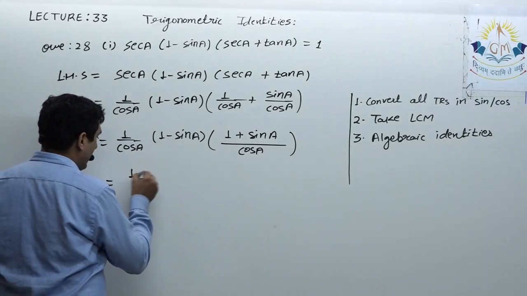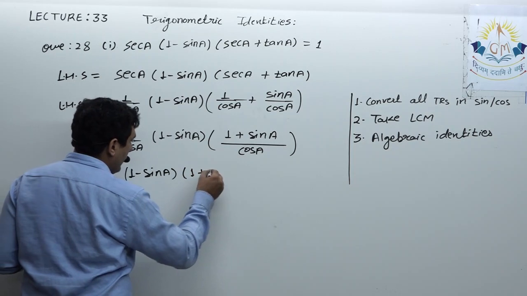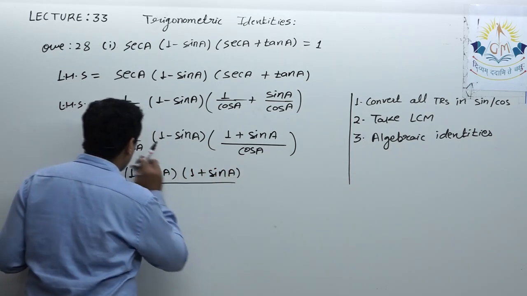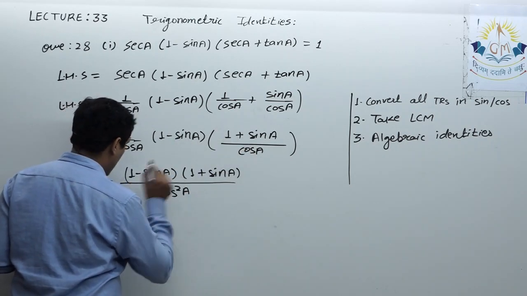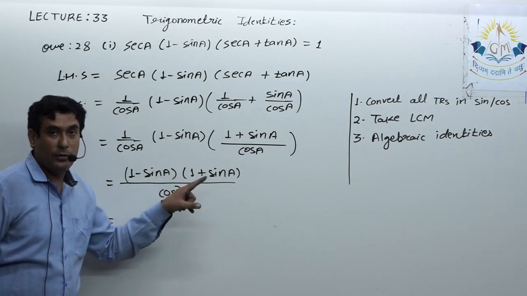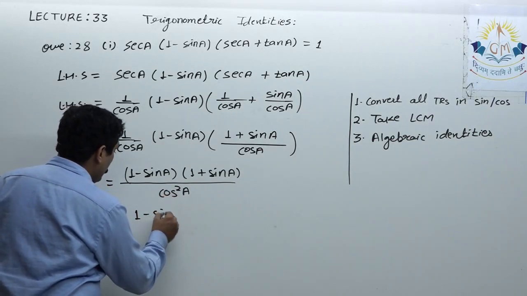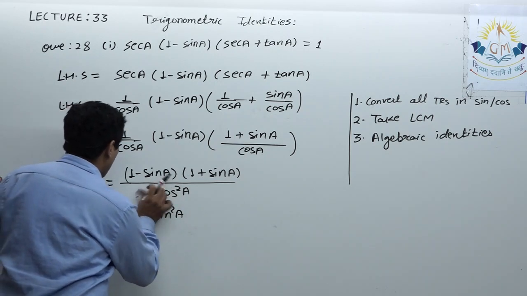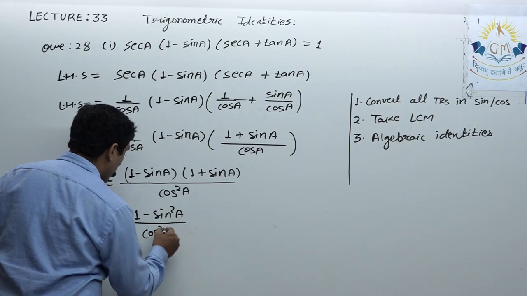So I am writing 1 minus sine A into 1 plus sine A, and in the denominator I am writing cos A multiplied by cos A, that is cos square A. Now 1 minus sine A into 1 plus sine A is 1 square minus sine square A, isn't it? A square minus B square. So 1 square is 1 only. So I write 1 minus sine square A upon cos square A.